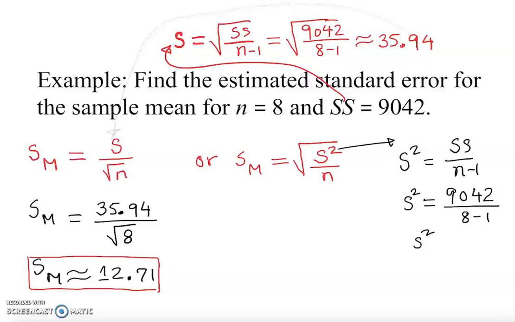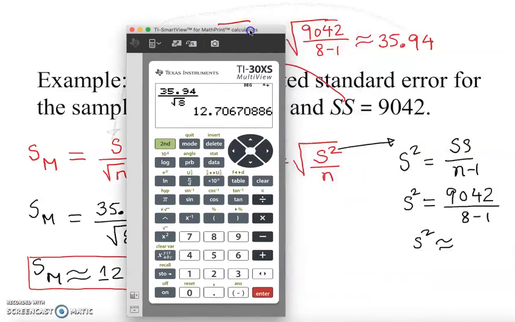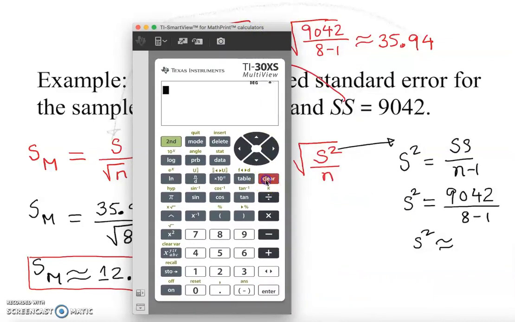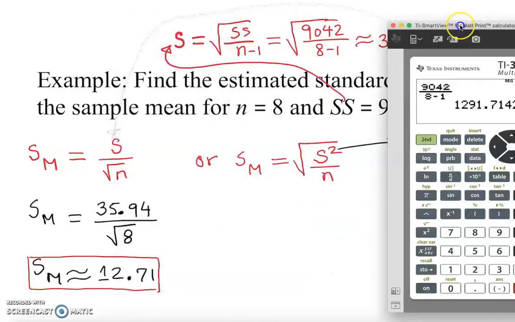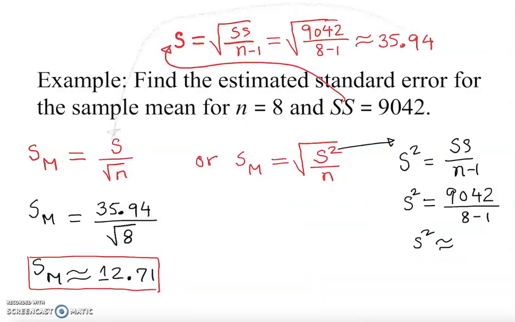So let's take a look at the variance here. I'll clear the calculator. 9042, n over d, 8 minus 1, enter. 1291.71, approximately.